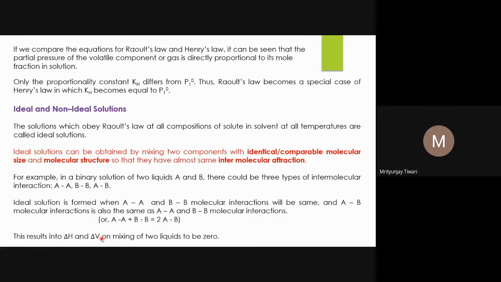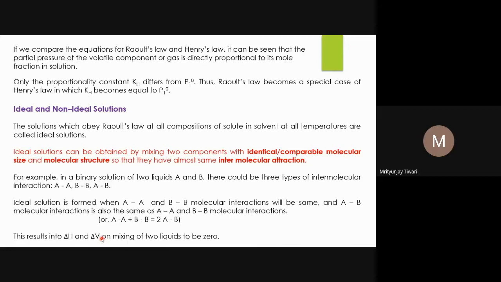Delta V mixing is zero means if you are mixing two different liquids, suppose 10 ml of solute you are adding to 100 ml of solvent, you should get a solution with a volume of 110 ml.